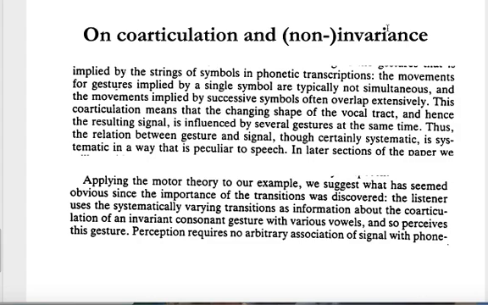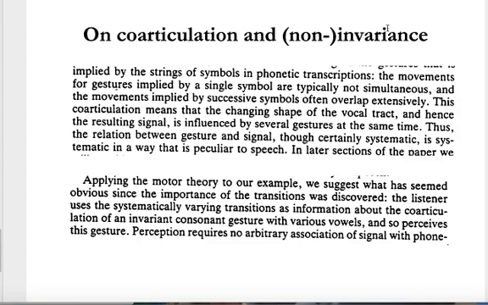Applying the motor theory to our example, we suggest what has seemed obvious since the importance of the transitions was discovered. And this is talking about the formant transitions from a consonant to a following vowel, where we saw that just those transitions can make the difference as to whether you hear a b, d, or g.